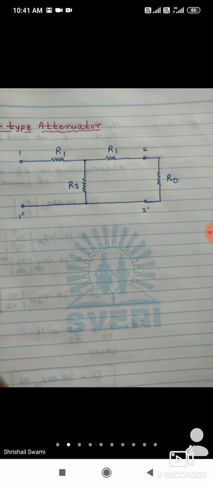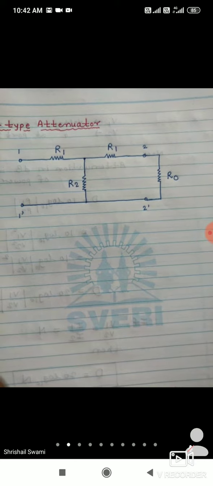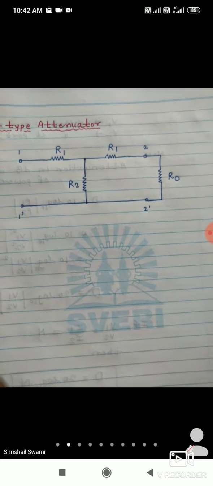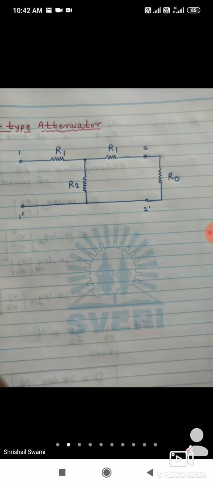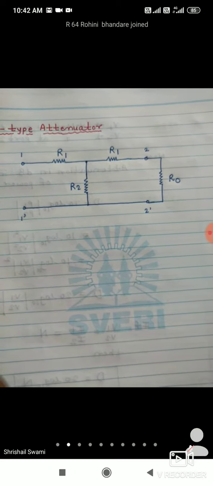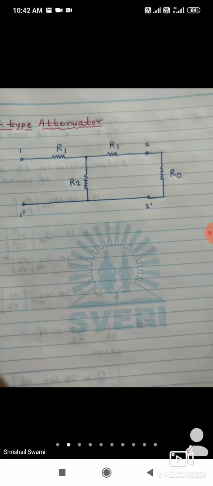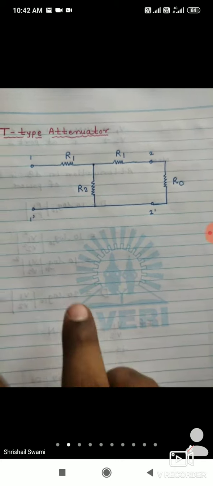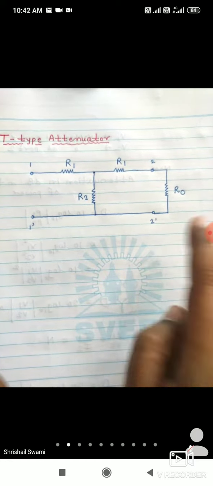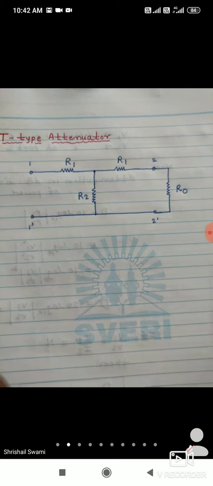First is the characteristic impedance Z0, that is R0, as well as the propagation constant gamma of the network. What do you mean by propagation constant? Already we have learned in the filter section. The propagation constant will decide the change in the amplitude of the signal when the signal is transferred from input to output.